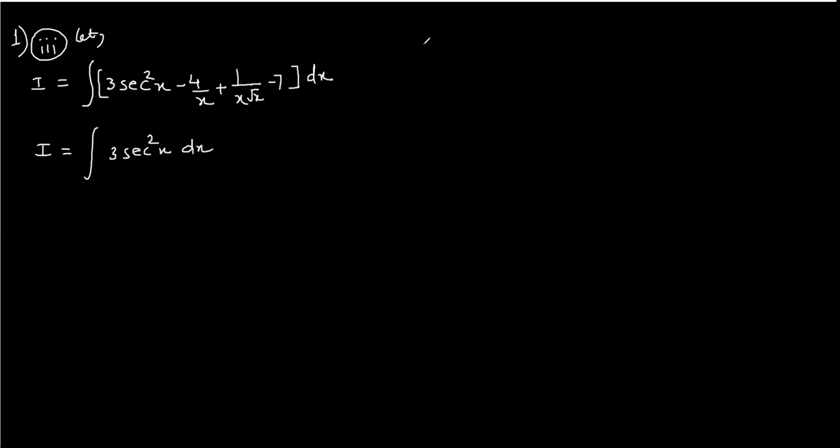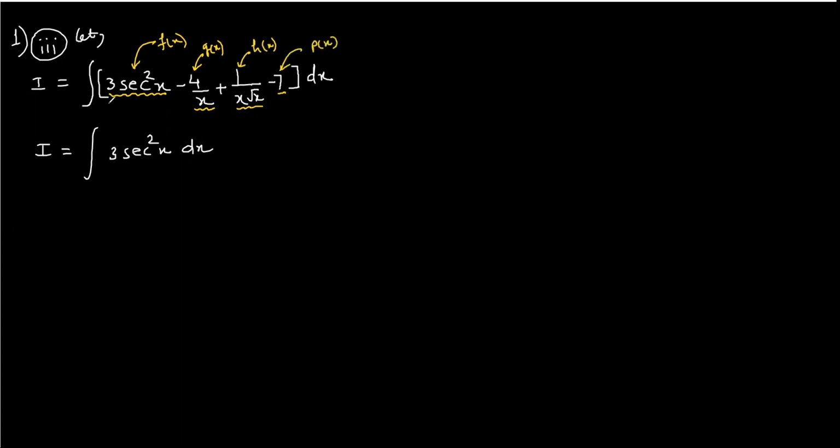See, there are several terms here: 1, 2, 3, and 4. Between them we have negative, positive, negative signs. This one is f of x, this one is g of x, this is h of x, and here you have p of x.